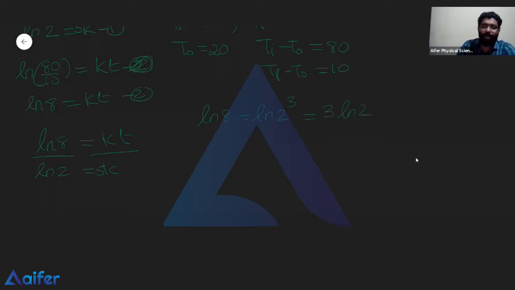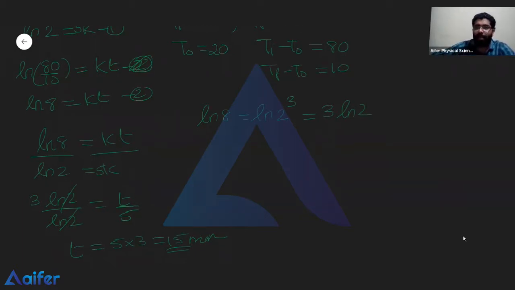So ln 8 is 3 ln 2, divided by ln 2, equal to kt divided by 5k. Now k gets cancelled, ln 2 gets cancelled, and I get t equal to 5 into 3, which is nothing but 15 minutes. So it will take 15 minutes to cool down from a temperature of 100 degrees to 30 degrees.